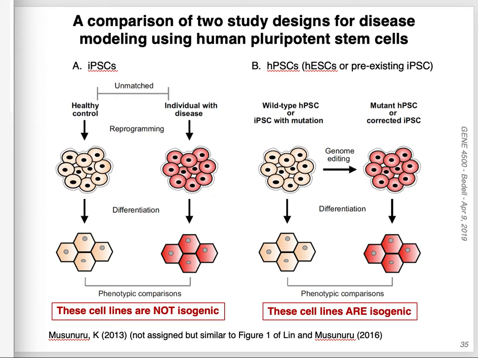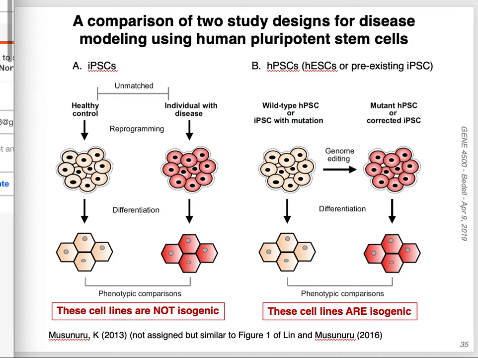Now, yes, this is really useful for monogenic disorders, but can we get any information from polygenic? And yes, we're getting that, but it's just more time-consuming. But it will happen.